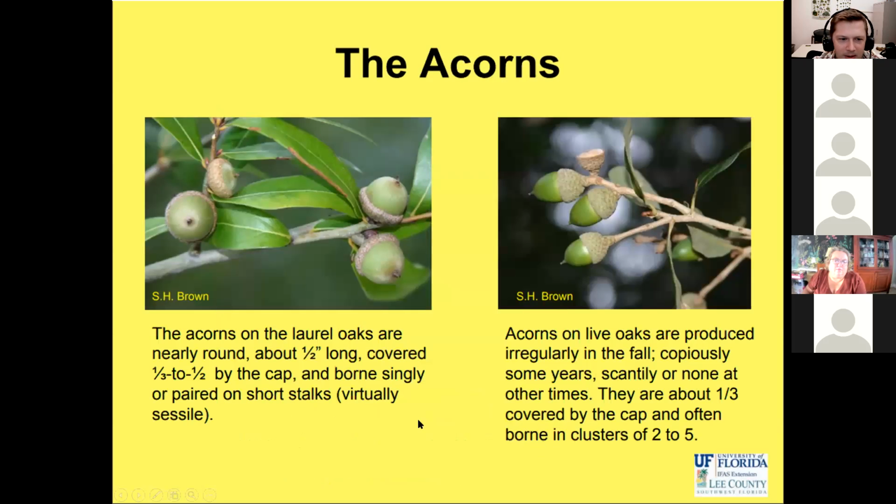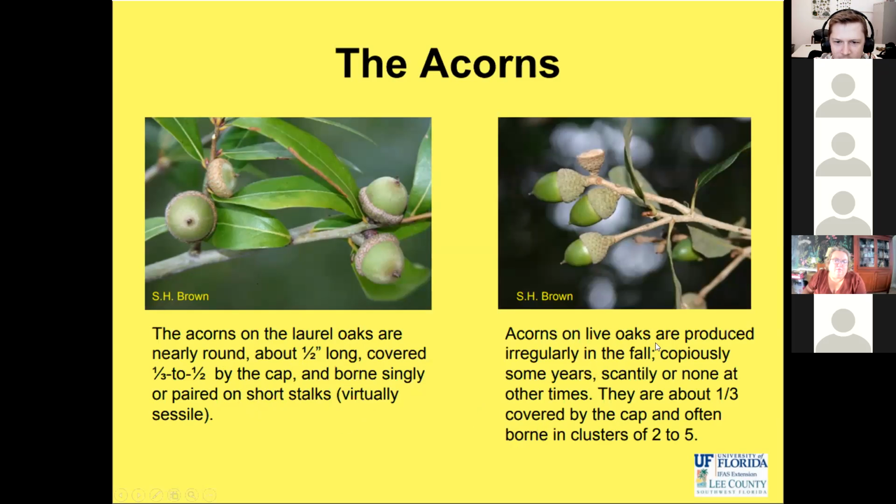And here's a comparison of the acorns. The acorn on the left-hand side is the laurel oak. They're nearly round. We would call this globose, kind of like a globe. You can also see it's covered by this cap, and they're typically paired together or in short stalks.